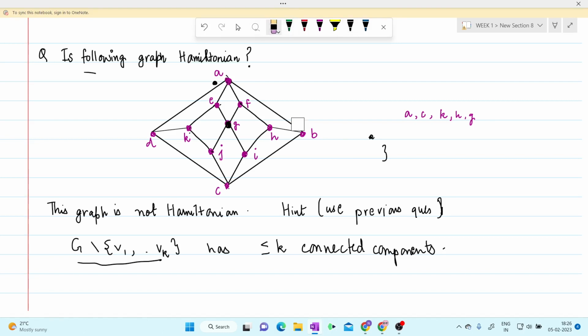Those vertices given, A, C, K, E, G: if we remove those, then we get 6 components.